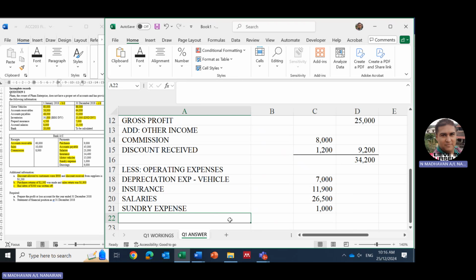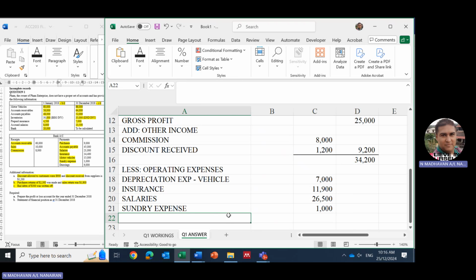So sundry means various. You check in the dictionary. Even I learned like that. Last time I didn't see the word sundry. When I was a student, we saw it as miscellaneous. Then only I noticed it as sundry. Then I checked Google, what does sundry mean? Various. So various little expenses combined together become one.